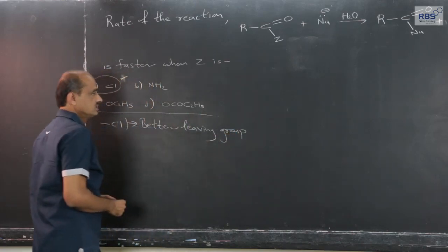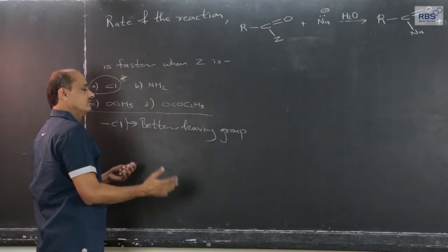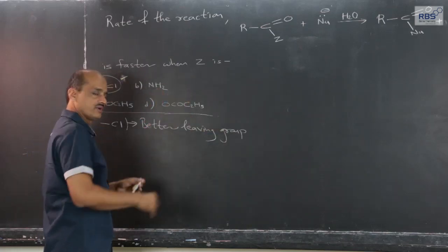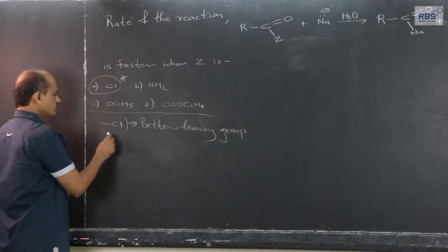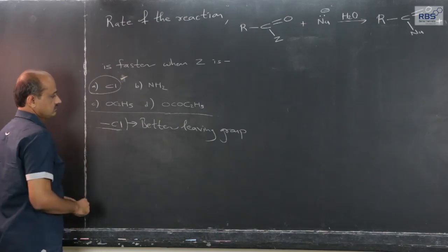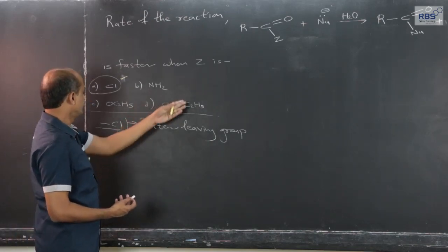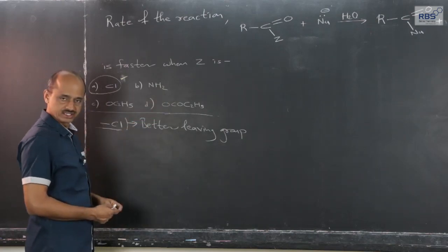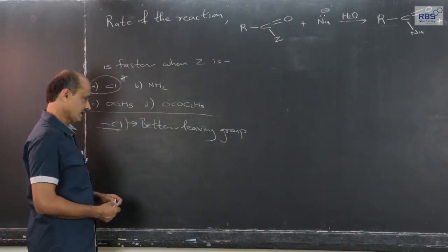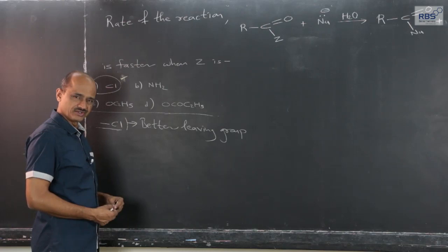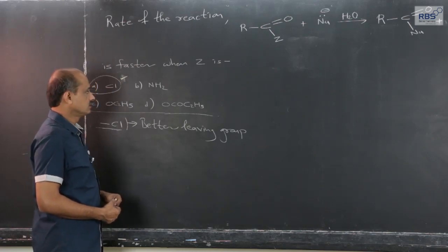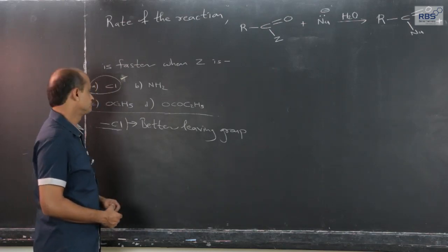Better leaving group means a stronger nucleophile attacks and substitutes a weaker nucleophile. So, among the four, this one is the weaker nucleophile. Now, why chlorine is a better leaving group as compared to the other three options can be studied or considered in various ways.